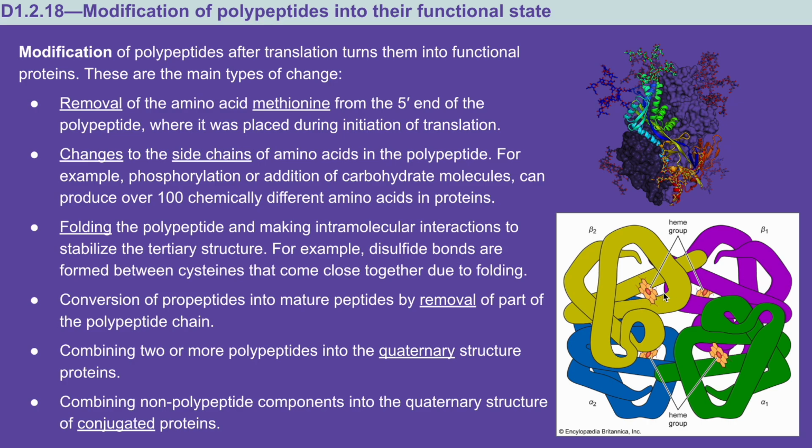And non-polypeptide components like heme groups can then be combined with a quaternary structure to form a conjugated protein. So this hemoglobin is a great example of both of these latter bullet points. We have quaternary structure because we have 4 polypeptides together, and it's conjugated because we also have these 4 heme groups that together form the hemoglobin protein.